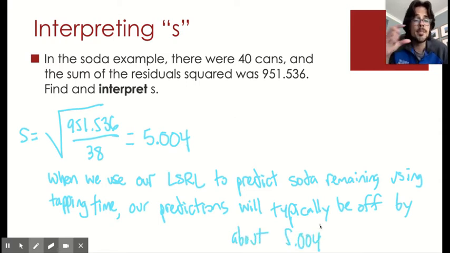And remember, this is measuring a residual. When you do this, the typical residual size shares the same units as your Y variable. So we're off by about 5 milliliters when we make a prediction.